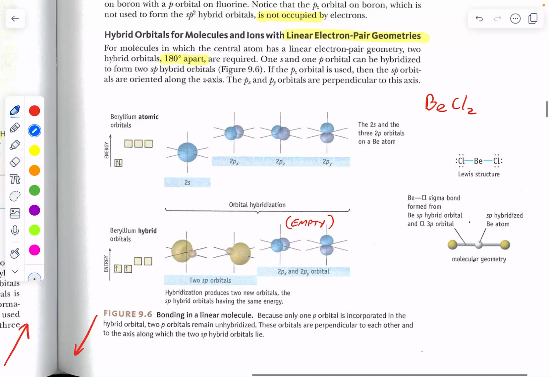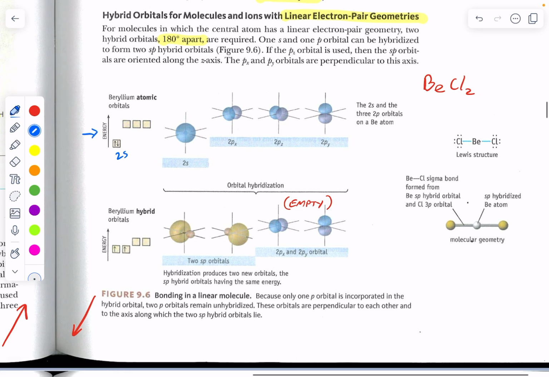And what about a linear structure? In this case, we talk about beryllium. Beryllium, element number 4. It is the second element in its row. The way we used to draw it was we put 2 electrons in the S, the 2s that is, and we filled it up. No go in the 2p.